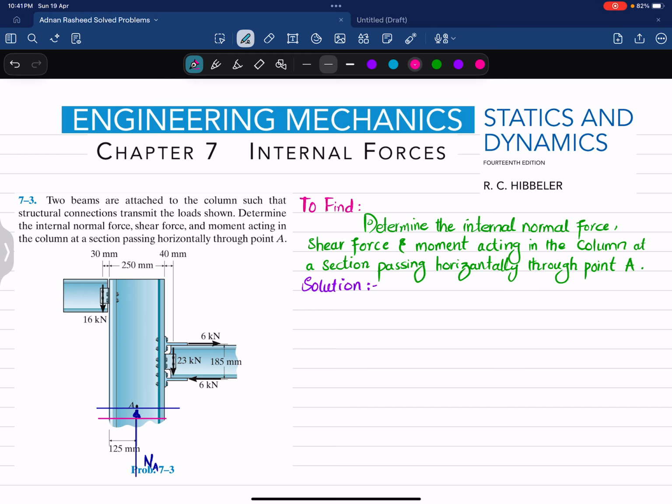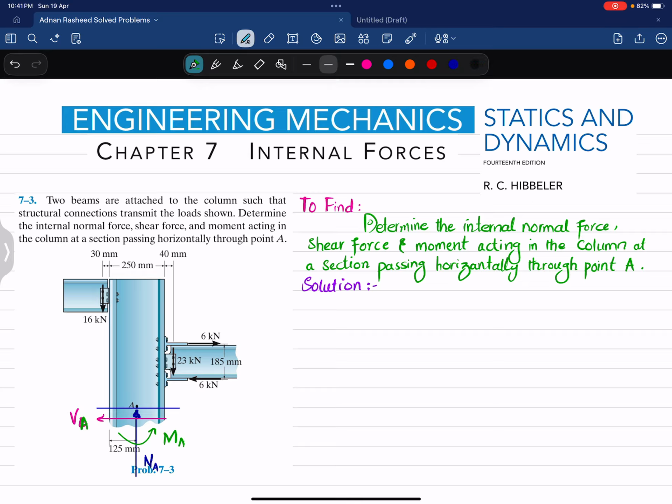It will be equal to VA, and there is also a moment which will act like this, and this moment will be equal to MA. Sorry, this is VA, not VB, because it is passing through A. Now you have all these forces, so we will find them one by one.